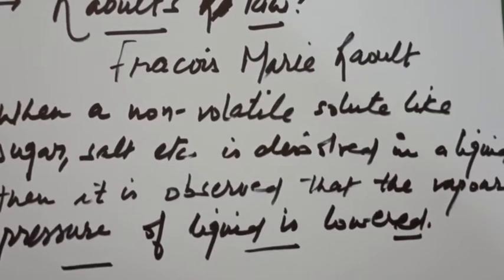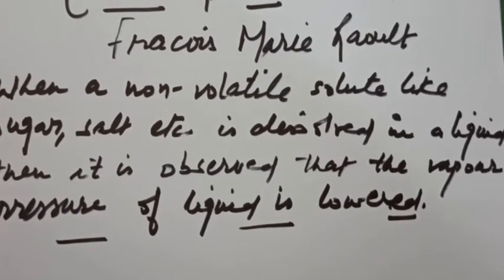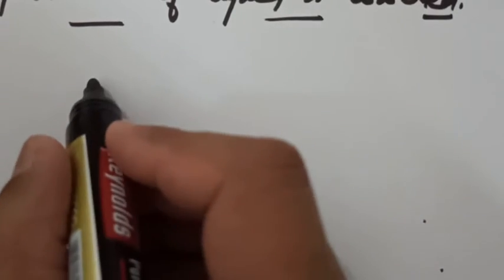Obviously why, because the density of the liquid increases, and according to Graham's law as the density increases, the rate of evaporation decreases and so the vapor pressure also decreases. Understood? Okay, so if I show you by making a diagram.